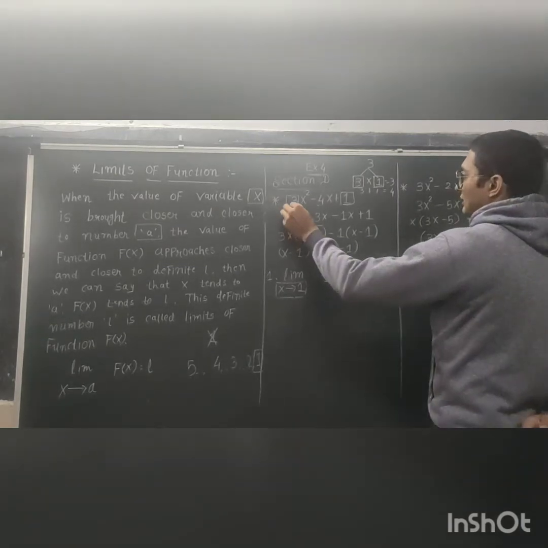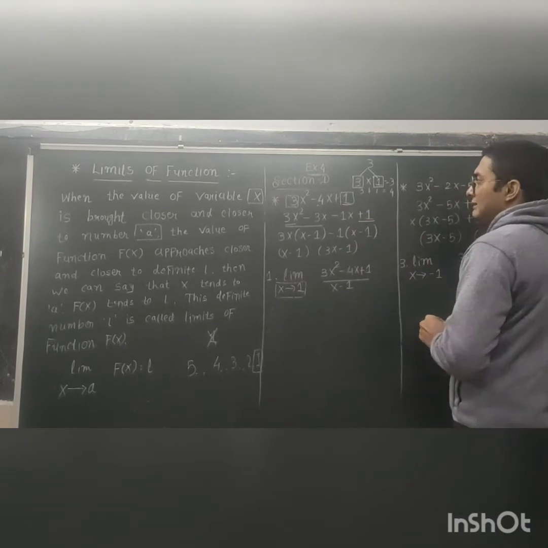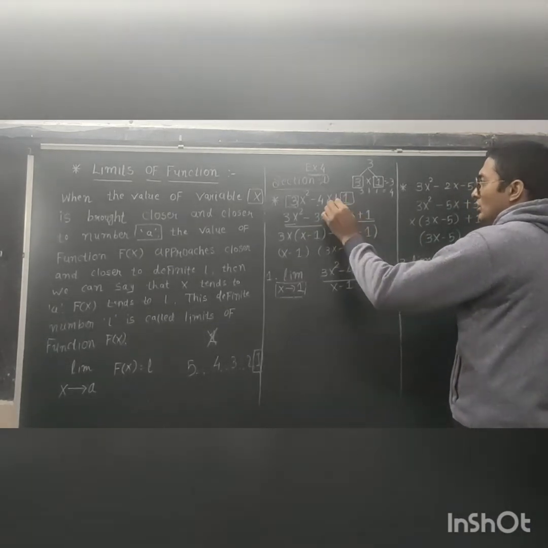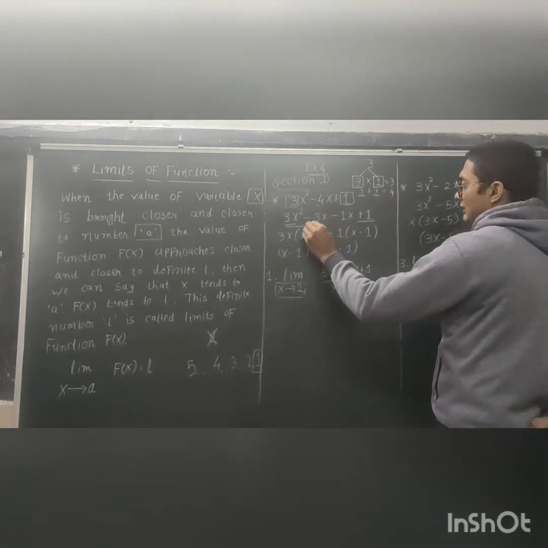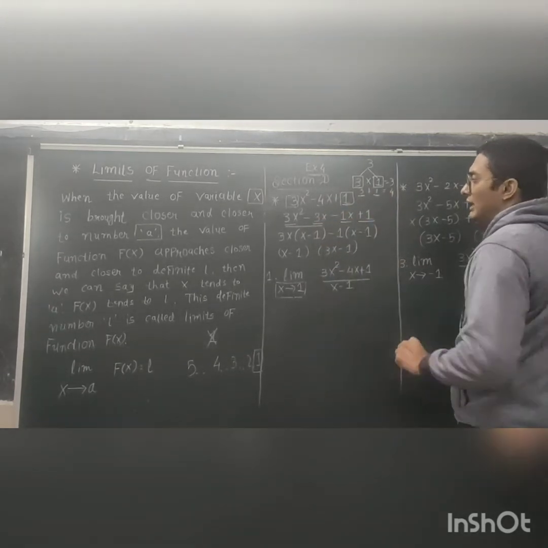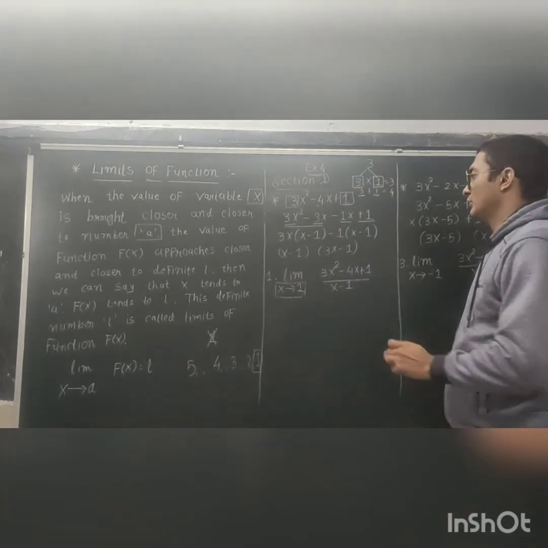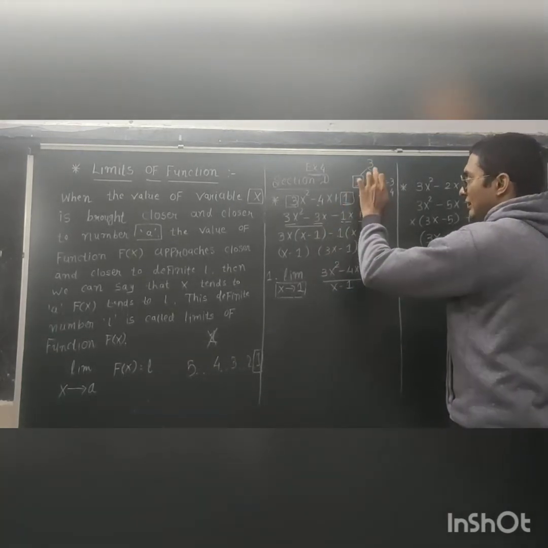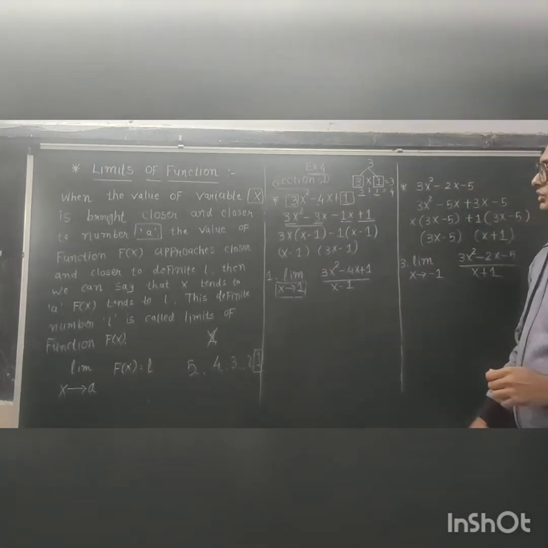So here 3x square, the first term, is as it is, the last term is as it is, and in the middle you have to put 3 and 1. So here 3x plus 1x, and both have negative signs, so it becomes minus 4. So 3 times 1 is 3 and 3 plus 1 becomes 4.